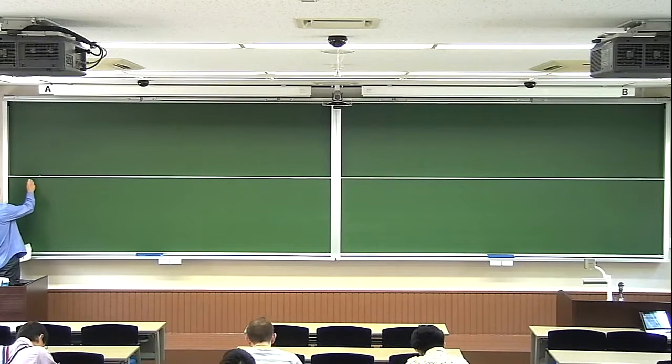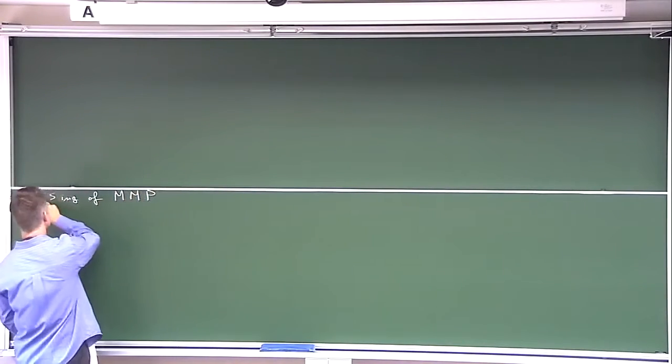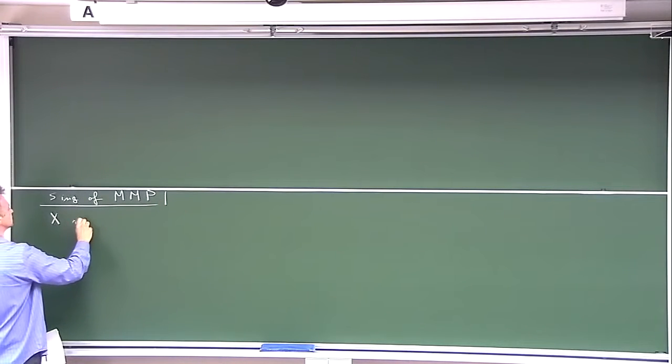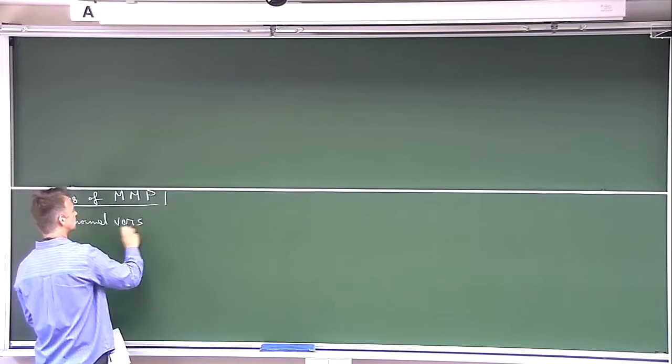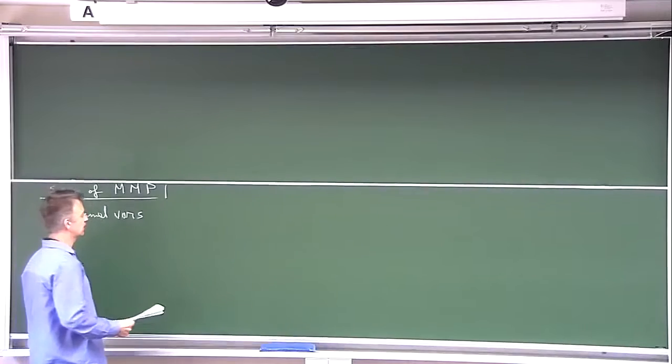So let's start with the singularities of the minimal model program. Most of the time, I'll be dealing with normal varieties. One nice feature about normal varieties is that they're smooth in codimension 1, regular in codimension 1.